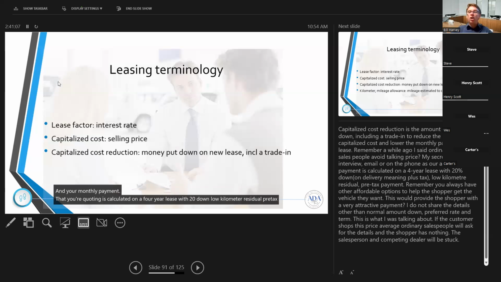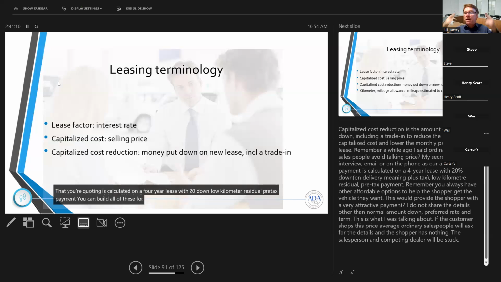You could build all of these for yourself ahead of time. You could memorize them for every single model on the lot. So you could say things like, they start at, or the vehicles that we have the most of are advertised for, and that pre-tax payment amount.